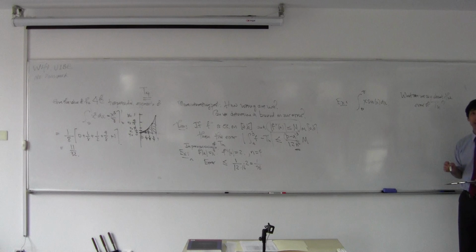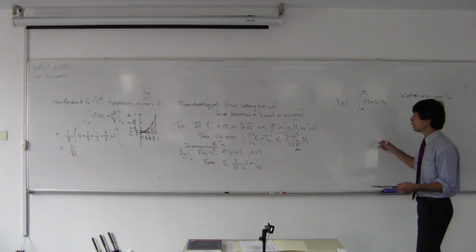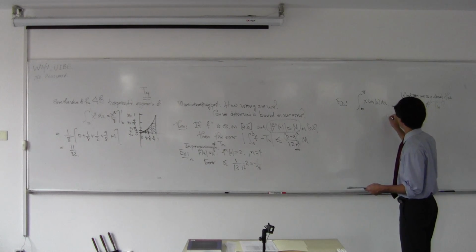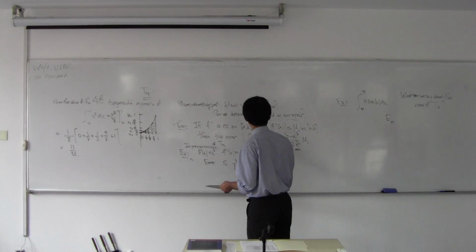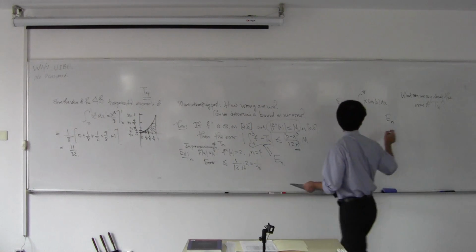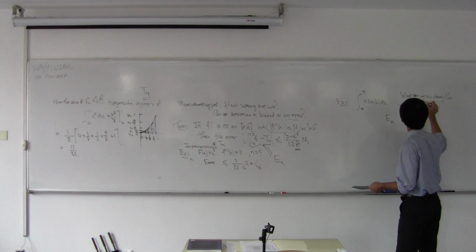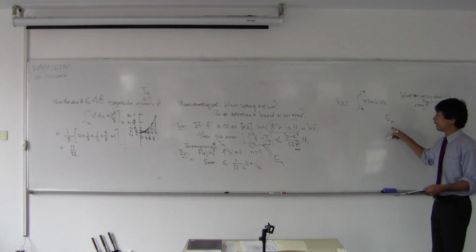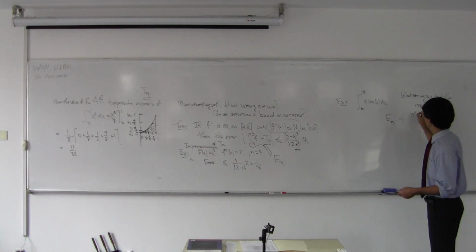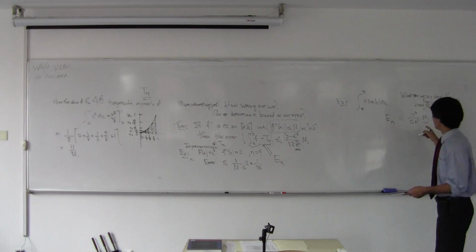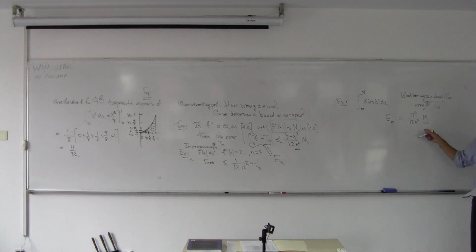Well, we know that the nth error, let's call it E sub n, is going to be bounded by (b minus a), that's pi, cubed over 12n squared, times some bound on the second derivative.